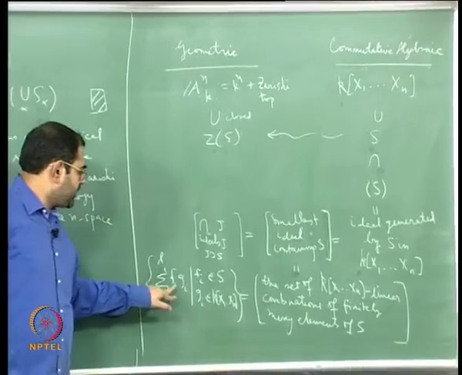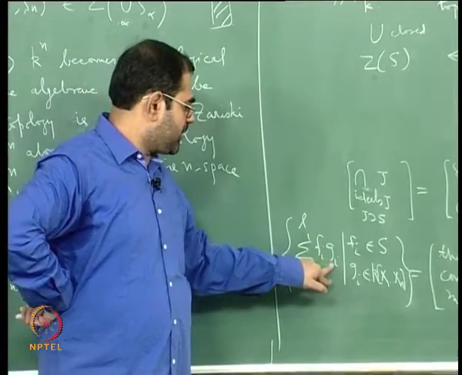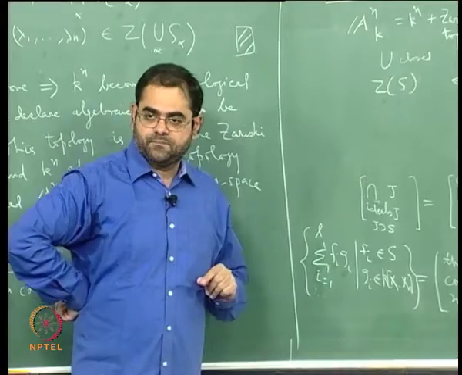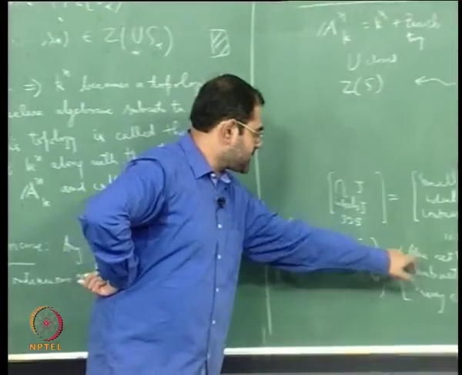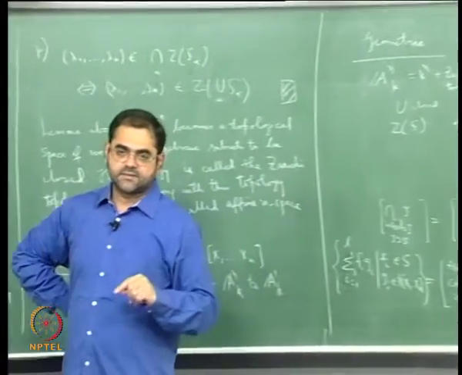So you are taking finitely many f_i's from the set S and multiplying them with coefficients which come from the ring, and then you are taking a linear combination. You can check that this is the same as this. That's a very simple exercise.